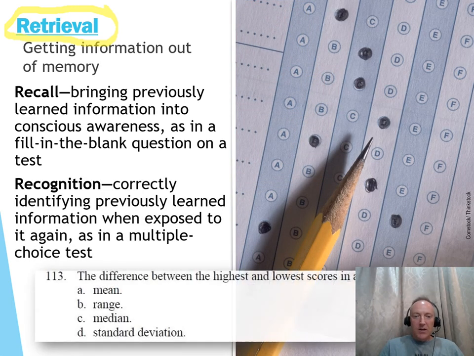Recognition is the kind of retrieval you have to do if you're being tested with multiple choice. You don't have to recall everything. You simply have to recognize the correct answer when you see it in front of you.